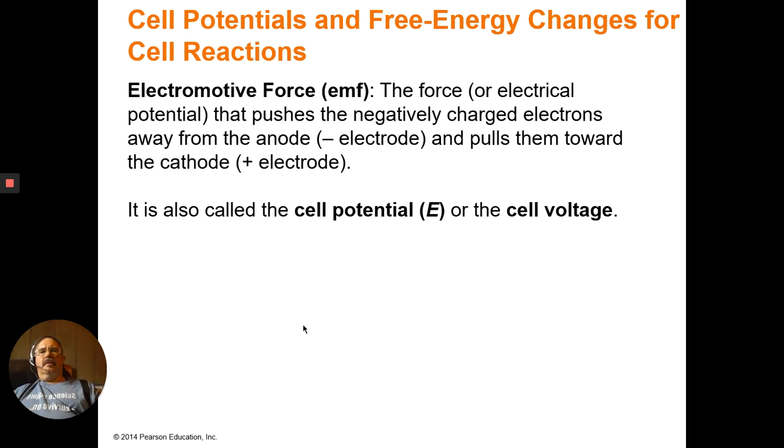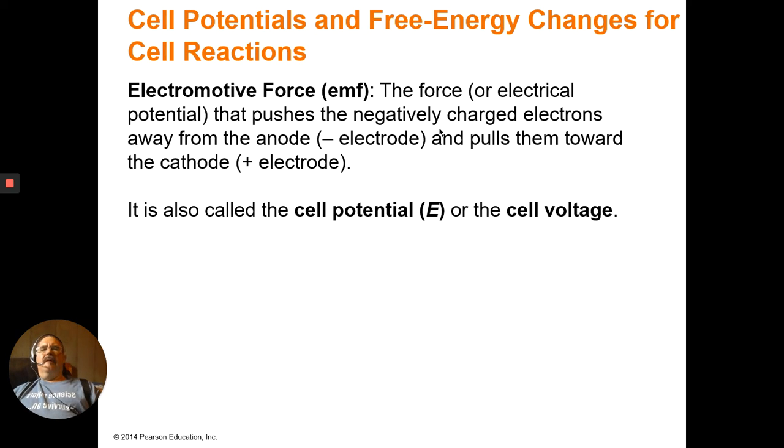Cell potential is measured using the unit of the volt, and volts measure what is known as electromotive force, or EMF, which is given the symbol capital E. This is defined as the force or electric potential that pushes the negatively charged electrons away from the anode and pulls them toward the cathode.